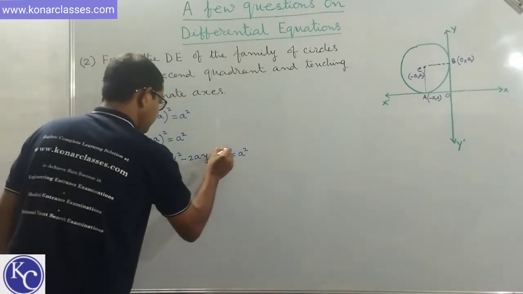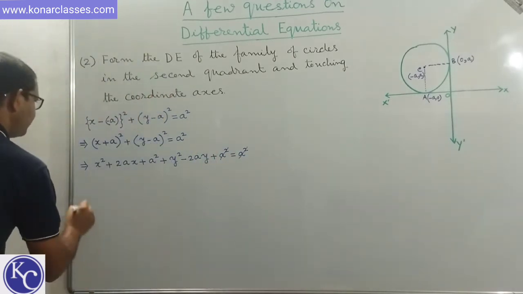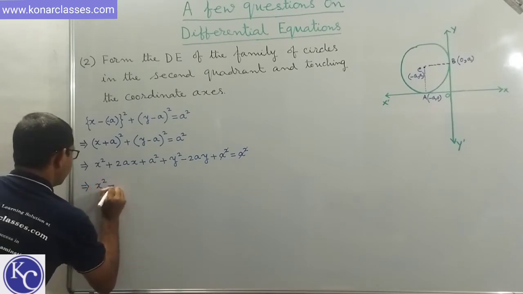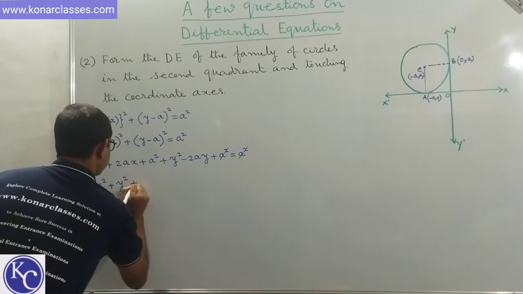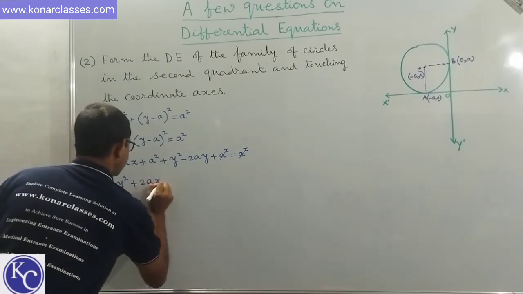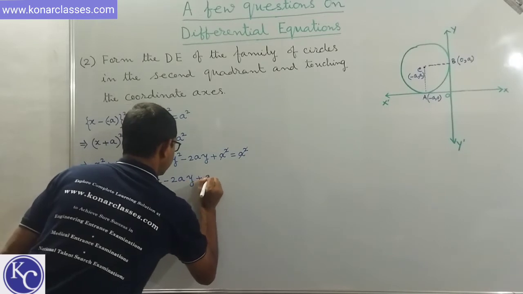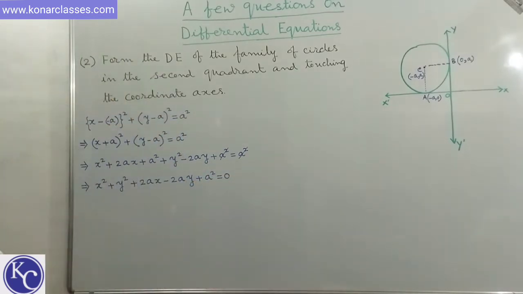Then what we get? This a square and a square got cancelled. And what we will end up with, dear students? So this implies x square plus y square plus 2ax minus 2ay plus a square is equal to 0, correct?